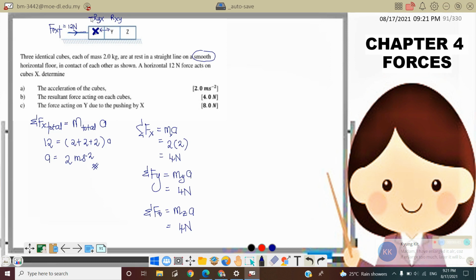I will label this as negative because the direction is to the left. They have the same magnitude but opposite direction. This is what we call action and reaction.